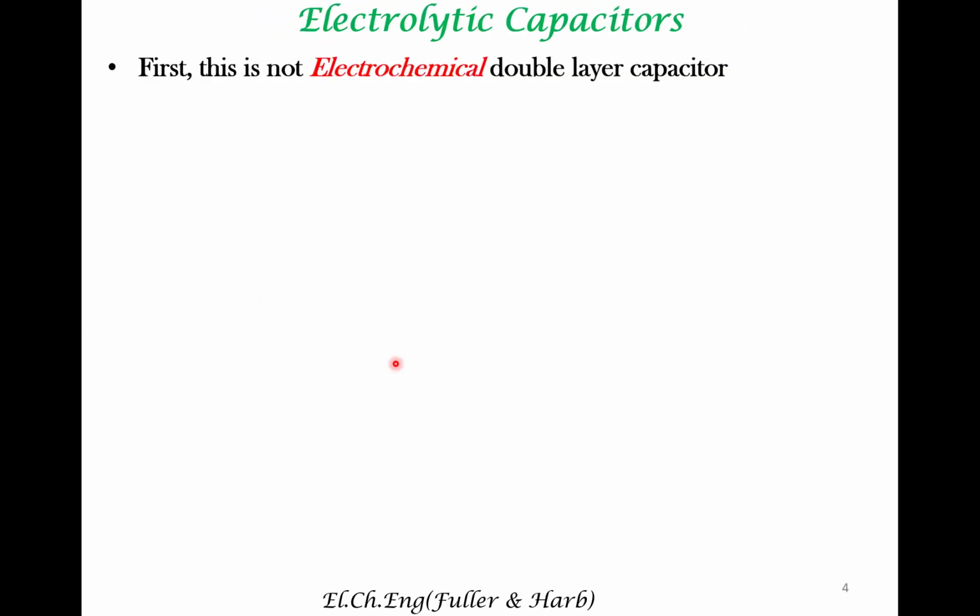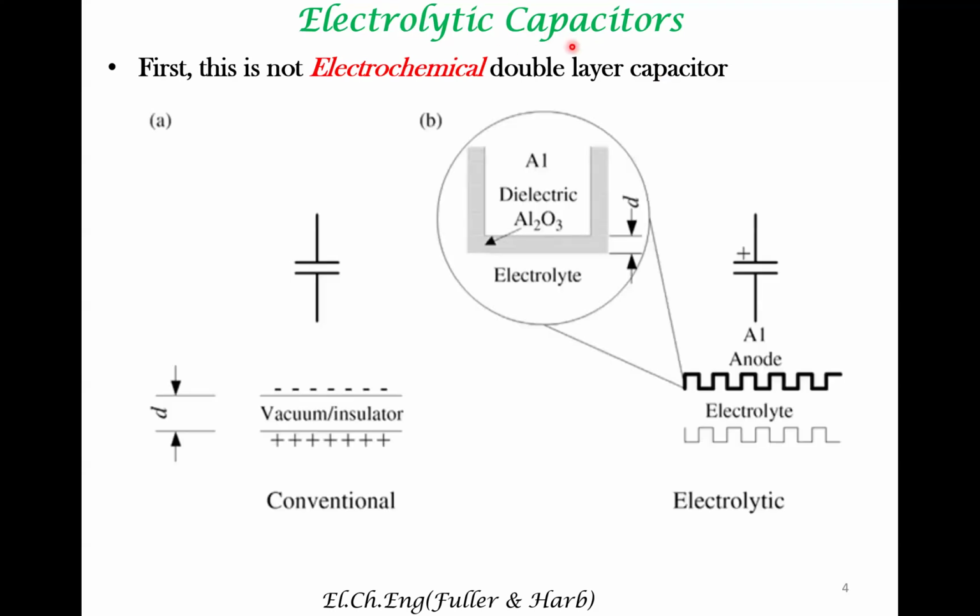The next kind of capacitor which we would discuss is the electrolytic capacitors. First, what is important to realize is that electrolytic capacitors are not electrochemical double layer capacitors, which we would see in the next lecture. But in this lecture, we are going to be referring to electrolytic capacitors.